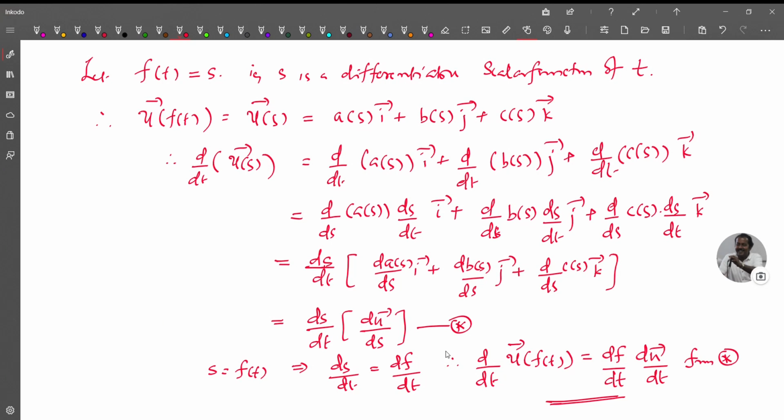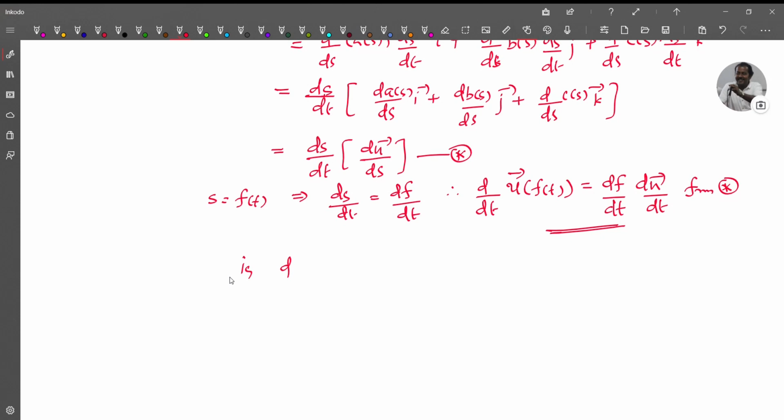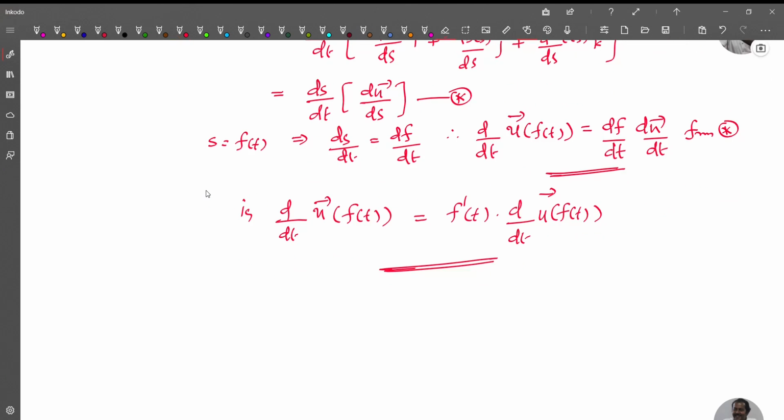So this is known as the chain rule. That is, d by dt of u of f of t is equal to f prime of t into d by ds of u of f of t, and that is equal to f prime of t into u prime of f of t.